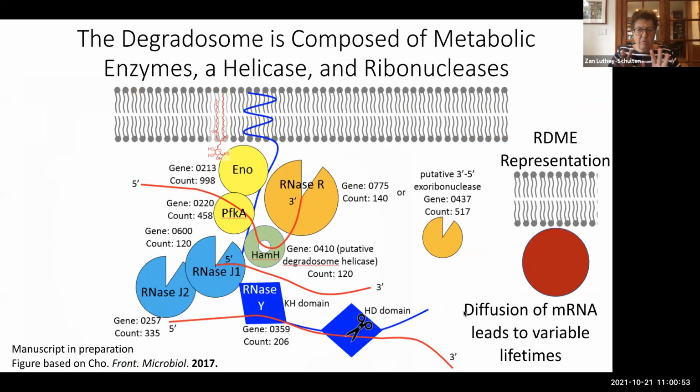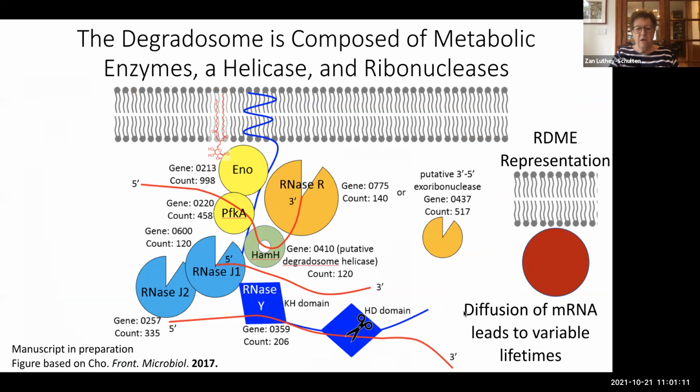And one thing before I go, we didn't talk much about how the messenger decays. In the very early simulations, we just assumed there was a mechanism. But we now know that there are things called degradosomes.